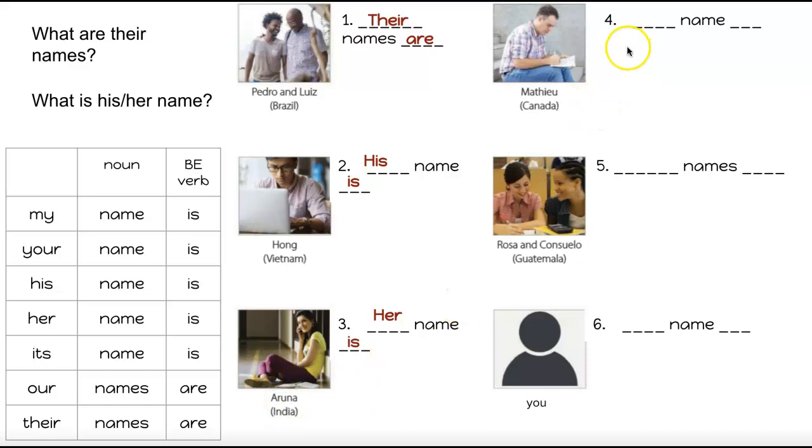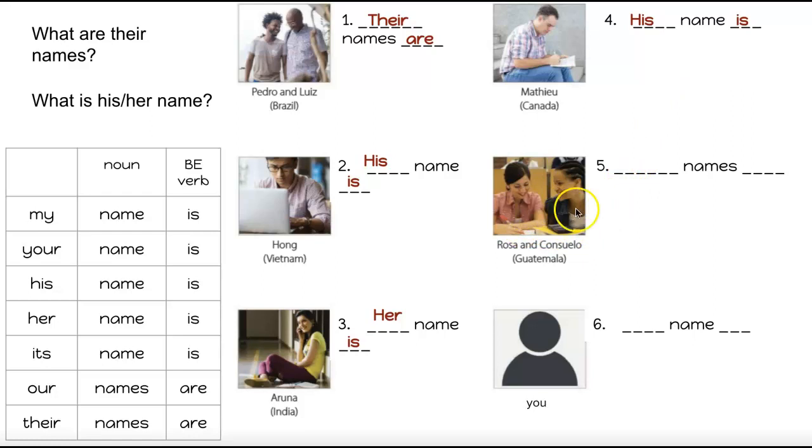And number 4, how are we going to answer that? Which possessive adjective do we need? His name is Matthew. And number 5, there's 2 of them.